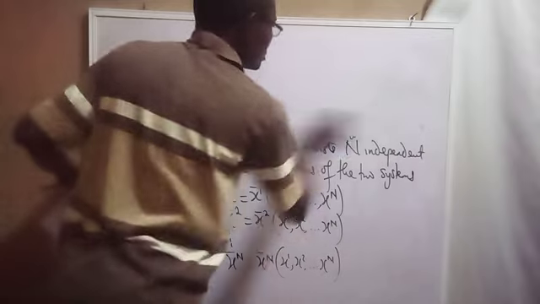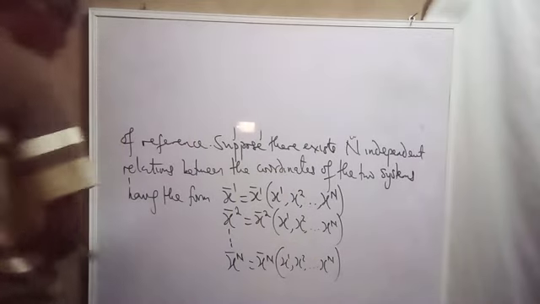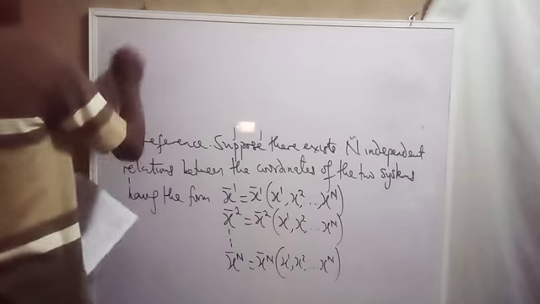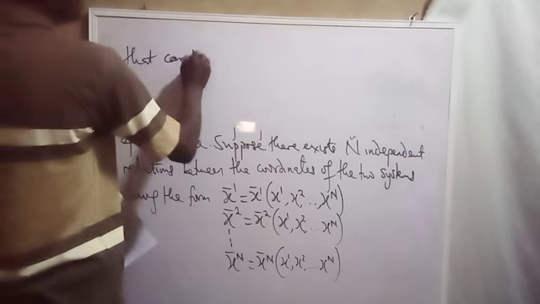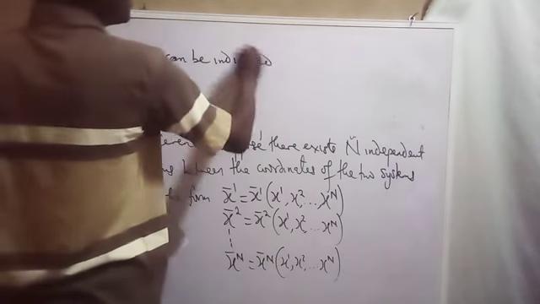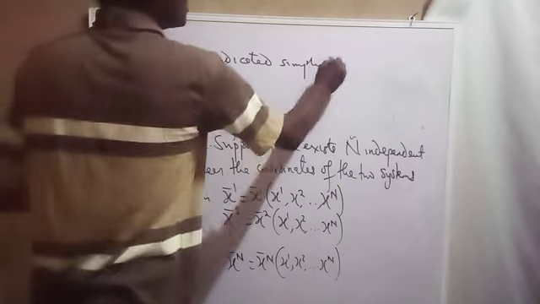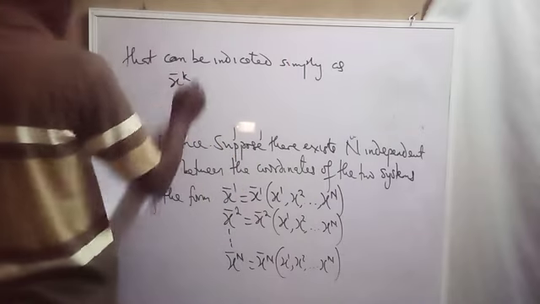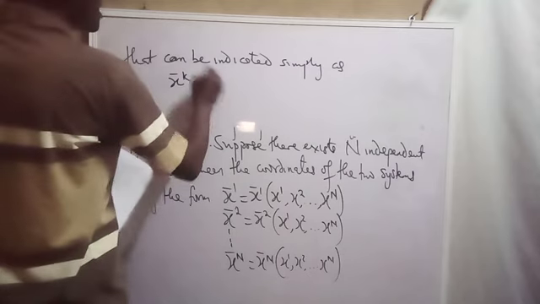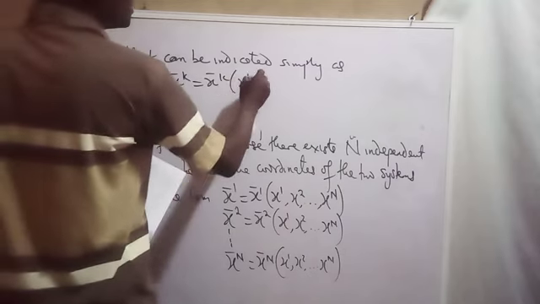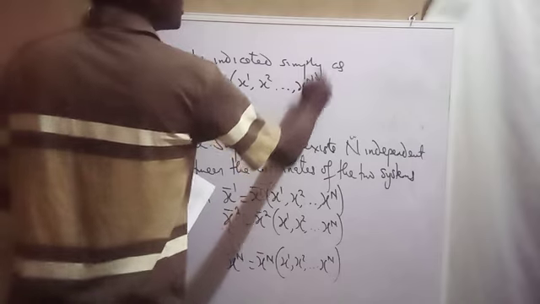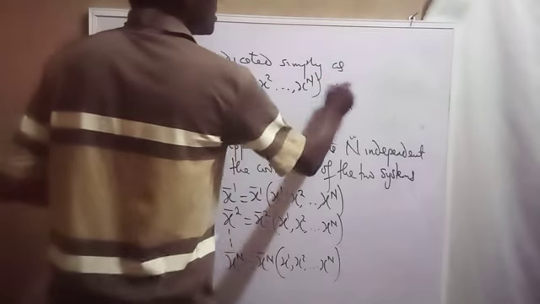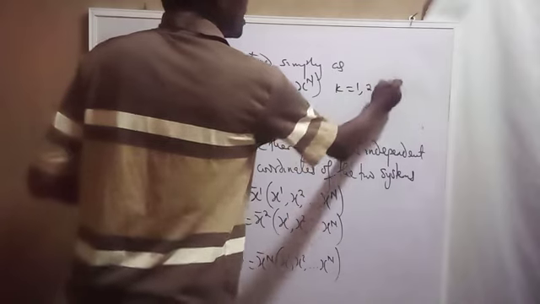This can be indicated simply as x bar k equals x bar k of x1, x2 till xn, where k is from 1 to n.